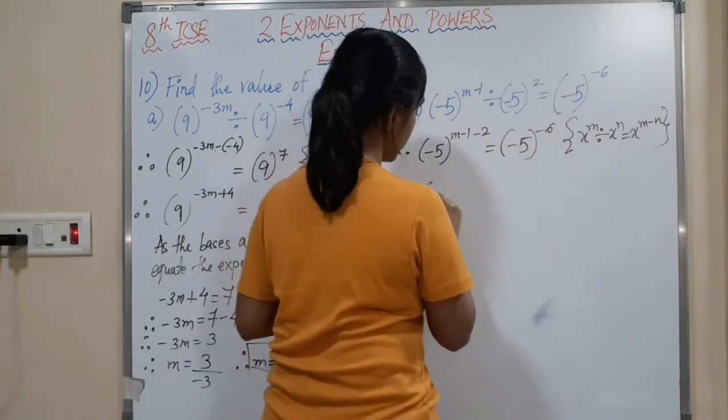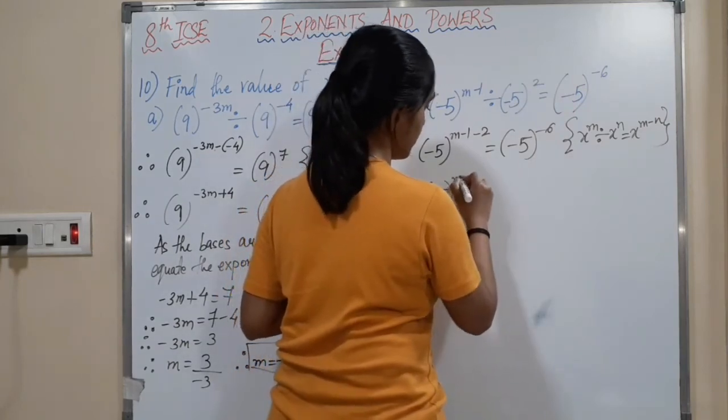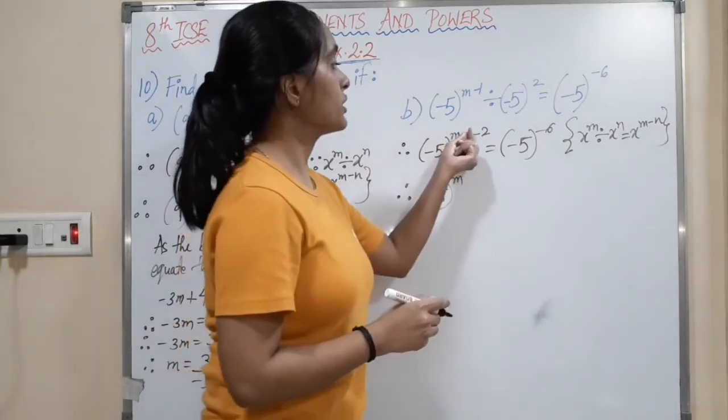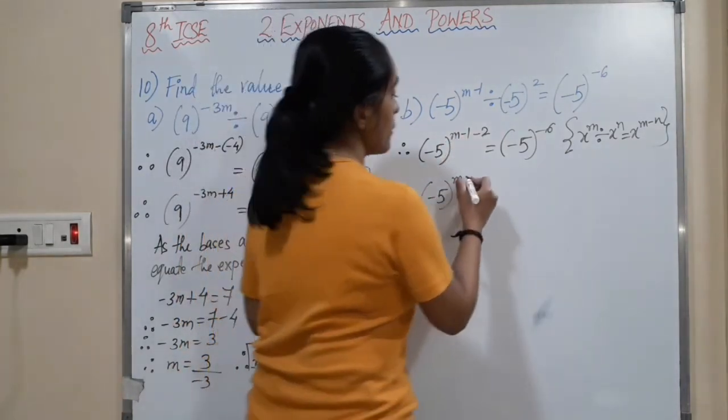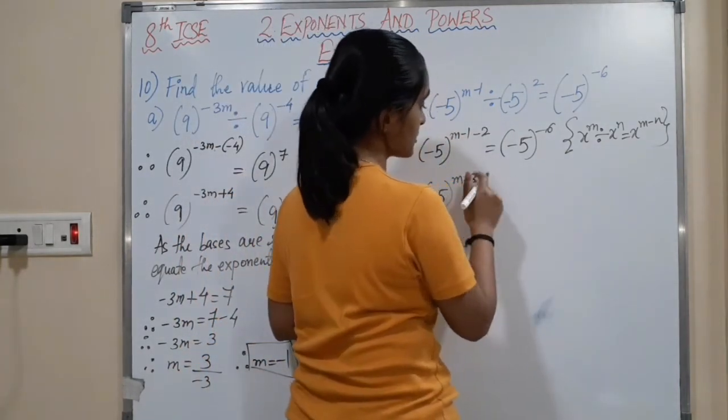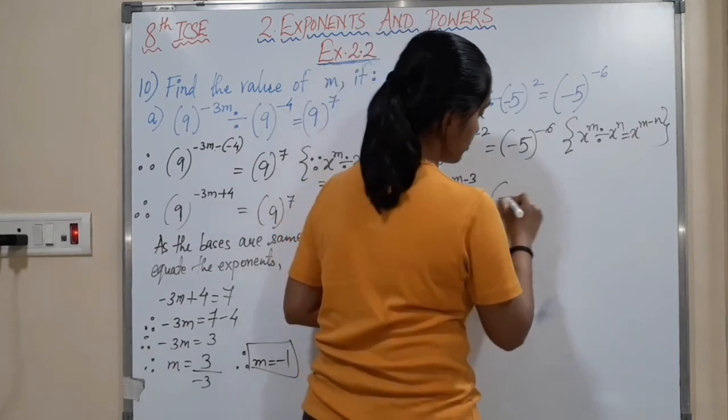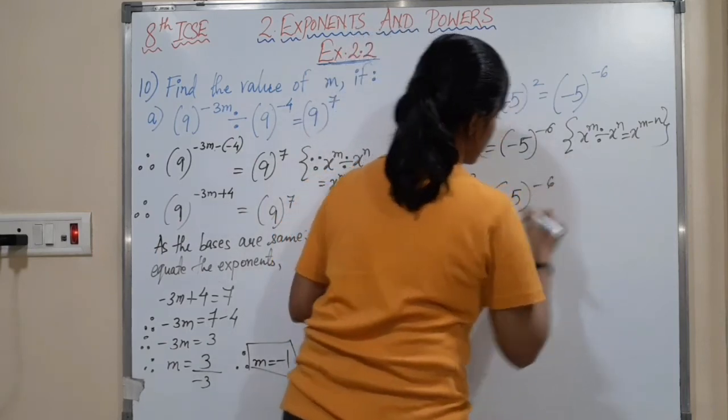So here you will get minus 5 raised to m, and here minus 1 minus 2, which is minus 3, equals minus 5 raised to minus 6.